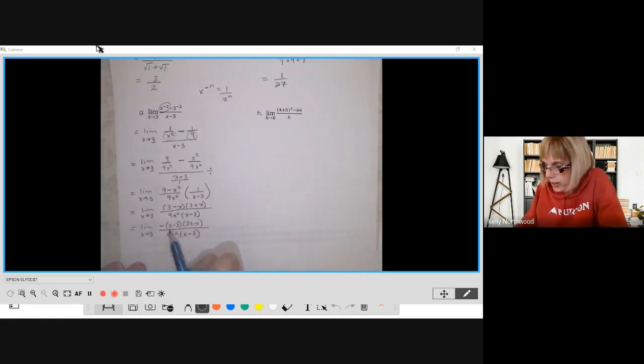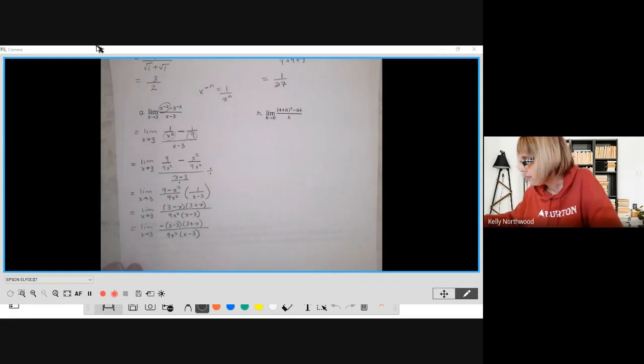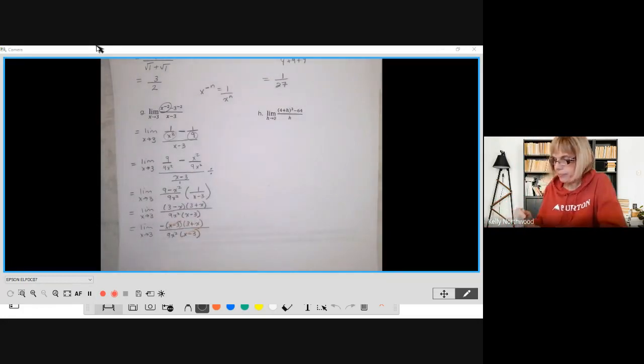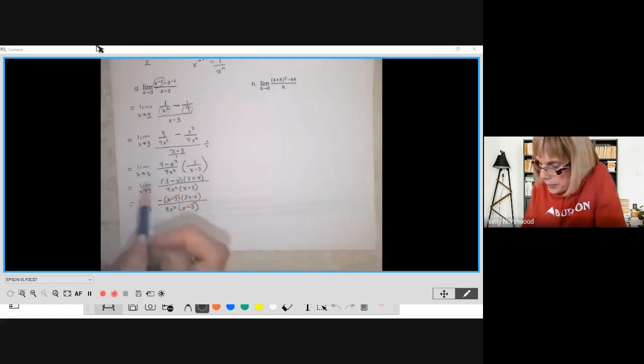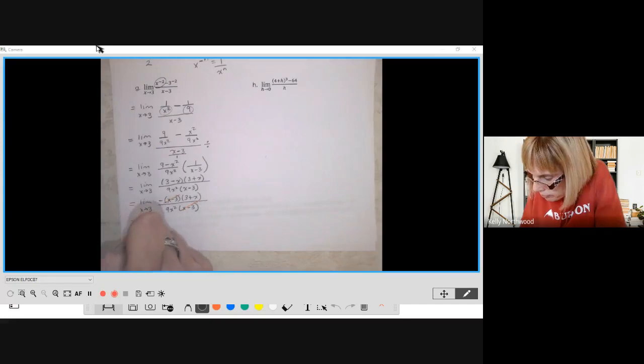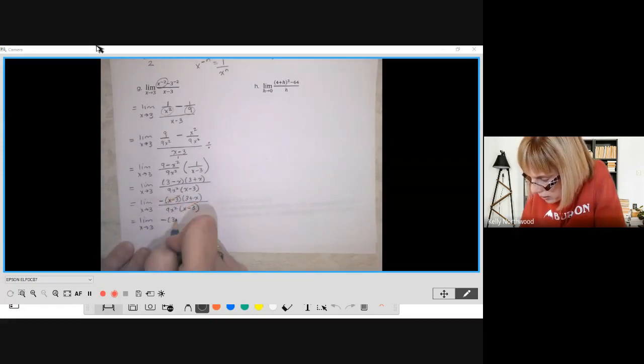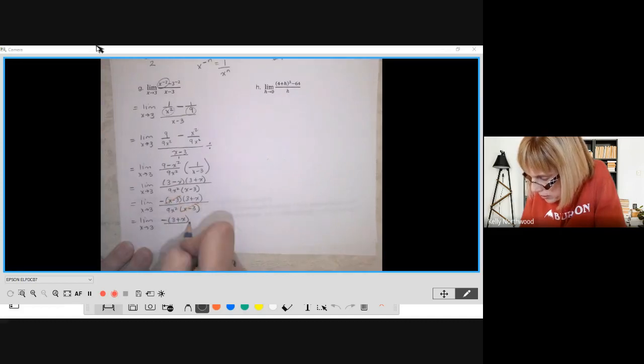And now I can divide out these x minus 3's. So I'm left with the limit as x approaches 3 of negative (3 plus x) over 9x squared.